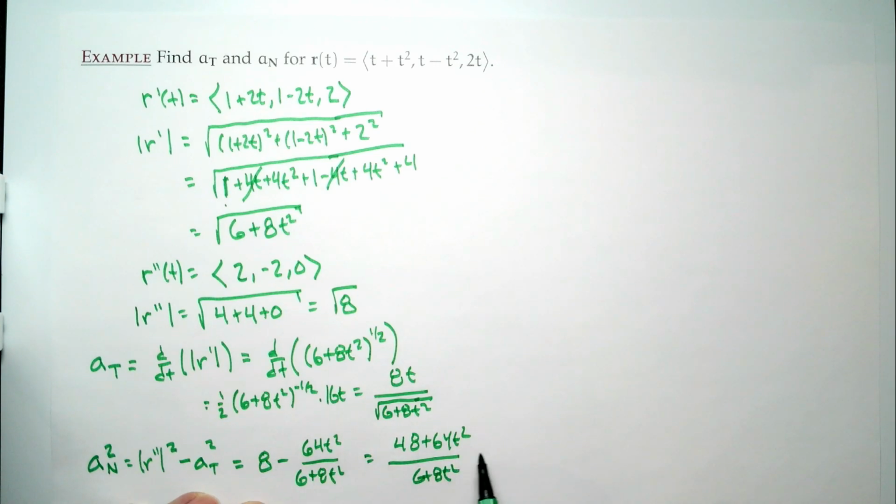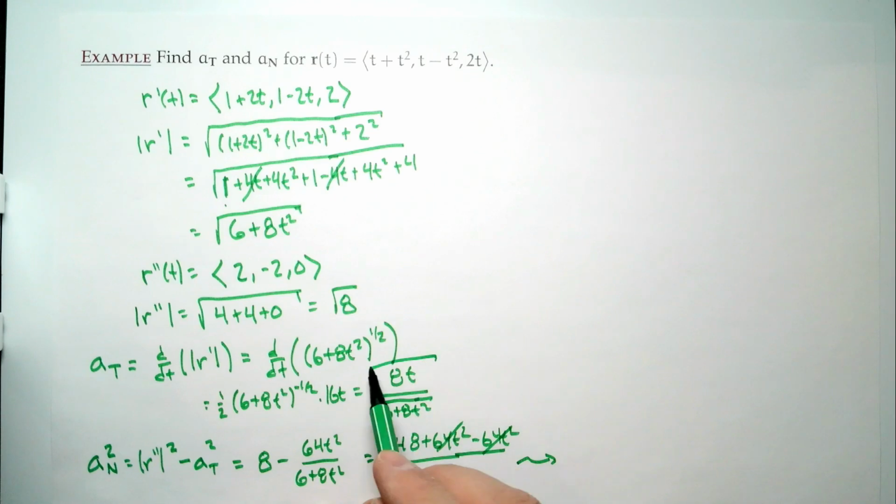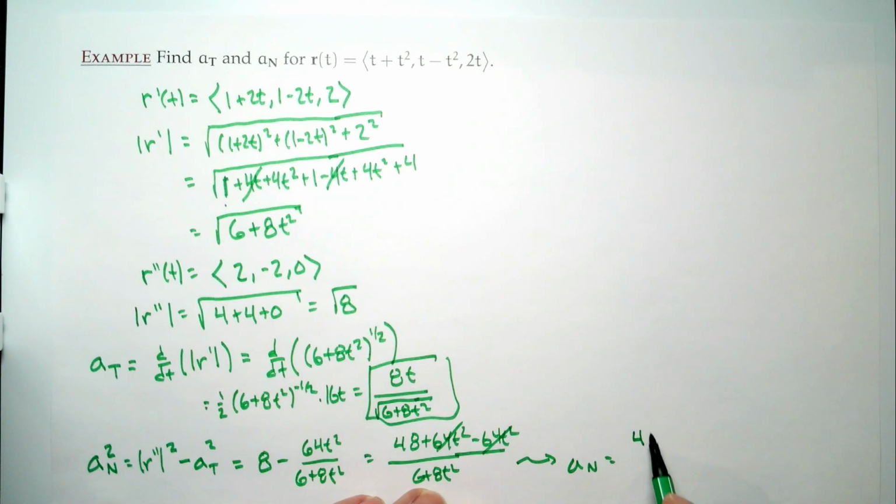That would be the first term. Then we're going to subtract 64t squared. Those cancel. And you get something relatively nice. Now that's a sub n squared. And therefore, we can conclude that a sub n is equal to the square root of that. And what does that become? Square root of 48. Well, 48 is 16 times 3. So when I take the square root, I'll get 4 square root of 3 over the square root of 6 plus 8t squared.